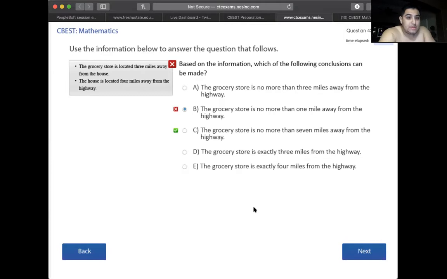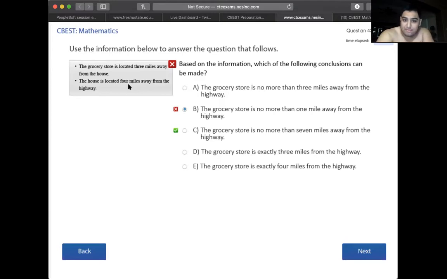So it's saying the grocery store is located 3 miles away from the house. Okay? And then the house is now located 4 miles away from the highway. Now let's look at the first answer. The grocery store is no more than 3 miles away from the highway. Not really.